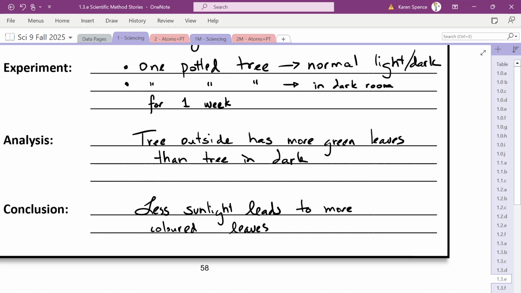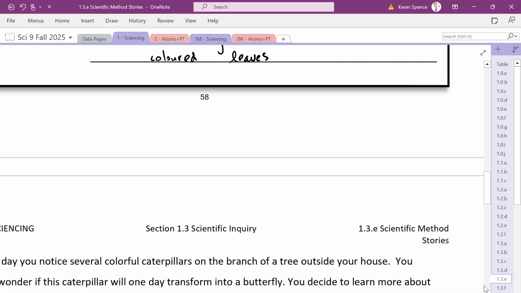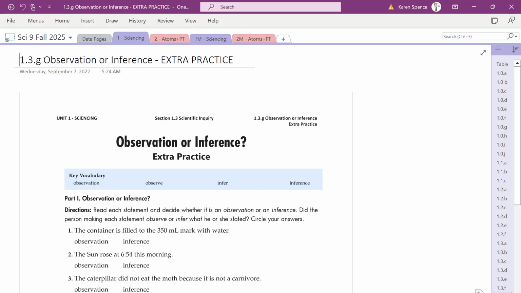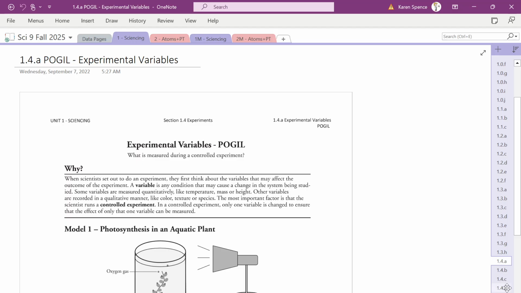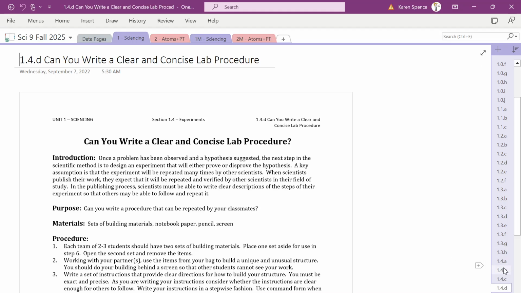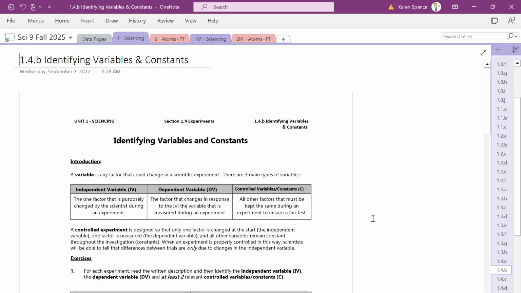Now, the next thing we're going to do is go to page, I think it's 73. Let's see if I'm right. Let's try 73. Maybe 72. You're right, 72.